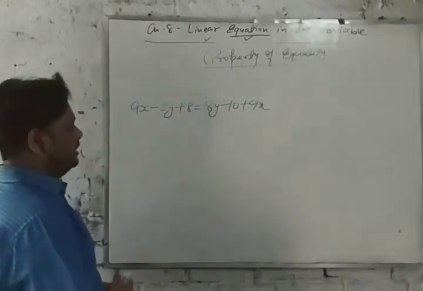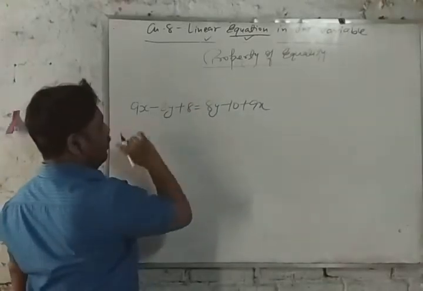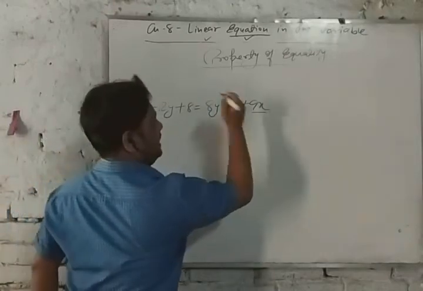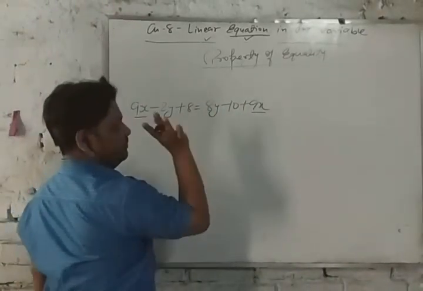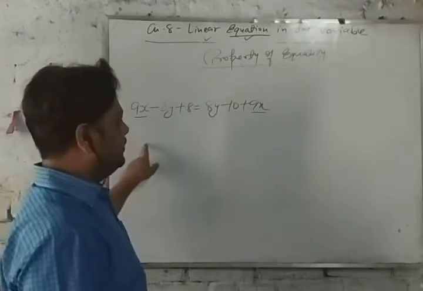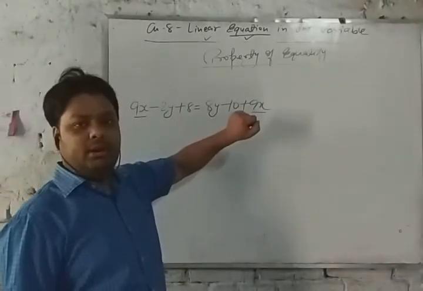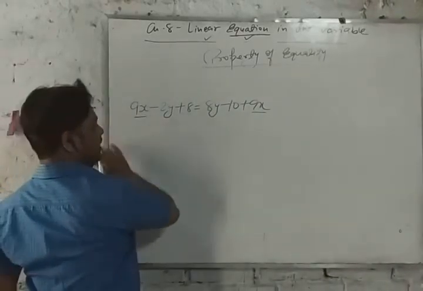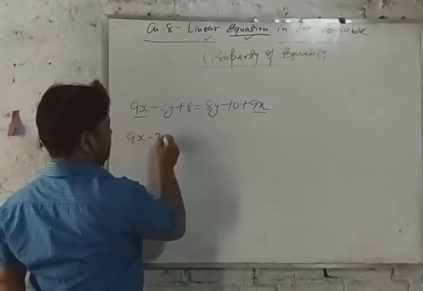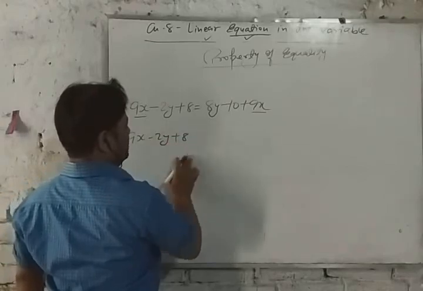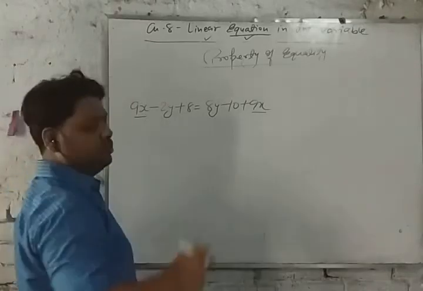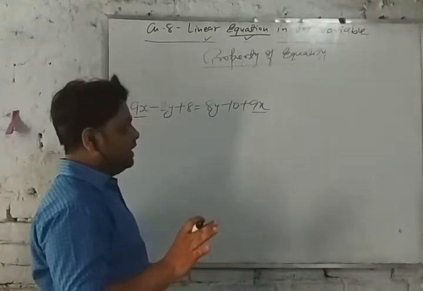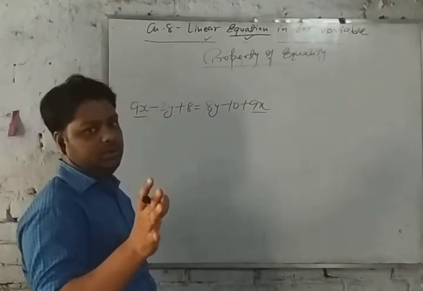Okay? Now you can see which variable is the same. 9x is the same. y is not the same. So we will at first remove the variable. That is, directly we will use the third step. We will write 9x minus 2y plus 8, and we can also write one more step, then we will know which step you are using.